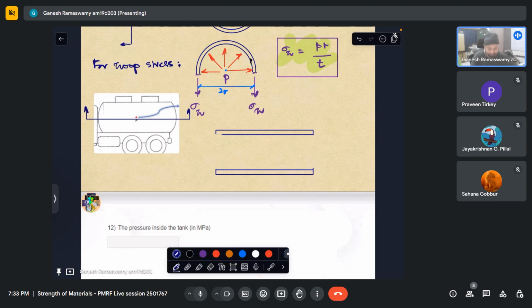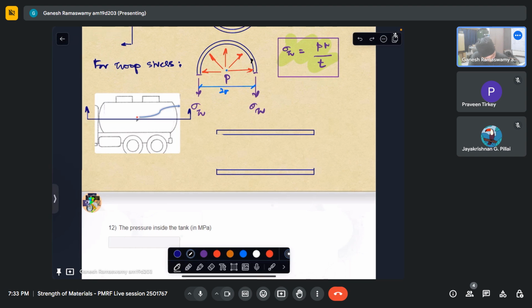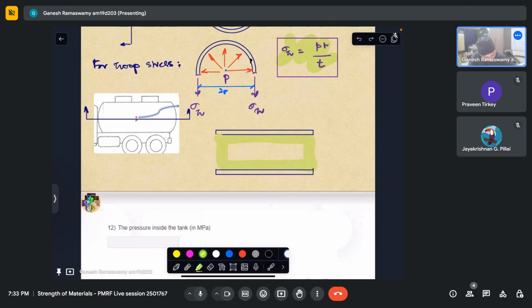So here there is pressure acting on this face, which is subjected to pressure inside the plane of the paper. And then we will have the longitudinal stress like this.